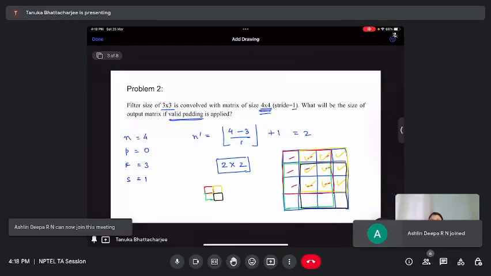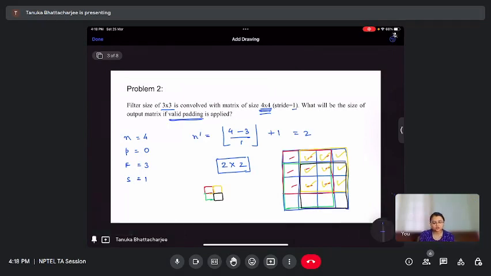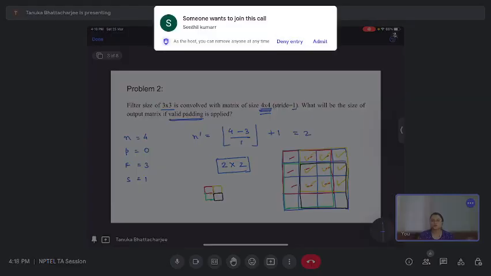Madam, stride means we have to do it horizontally as well as vertically. Yeah, if it is a 2D input, we will first go horizontally, we will cover the entire stretch, then move it one step vertically, again cover the entire horizontal stretch and go on like that.